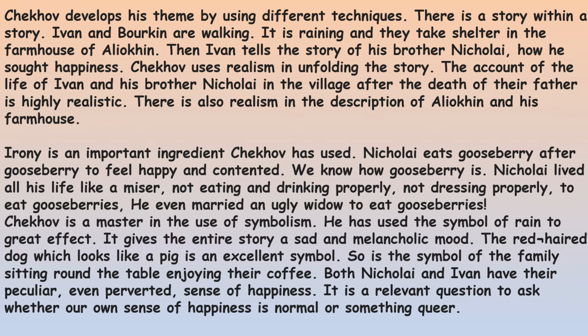Both Nikolai and Ivan have their peculiar, even perverted, sense of happiness. Perverted means not having a straightforward sense of happiness. It is a relevant question to ask whether our own sense of happiness is normal or something queer. Queer means strange.